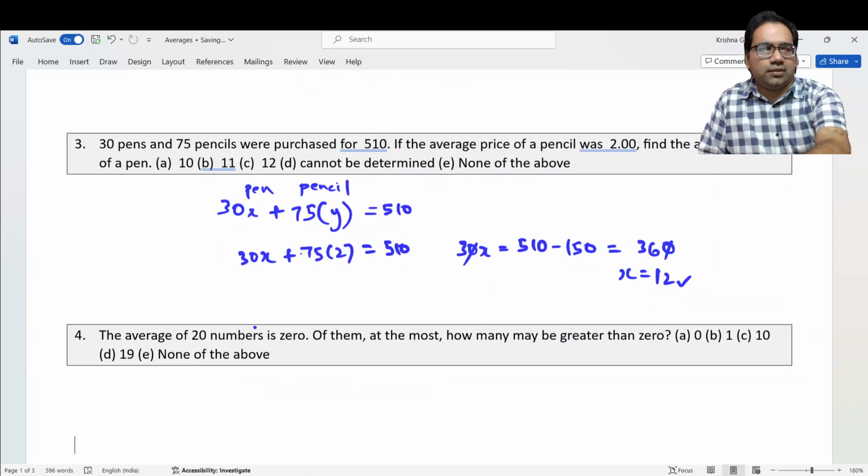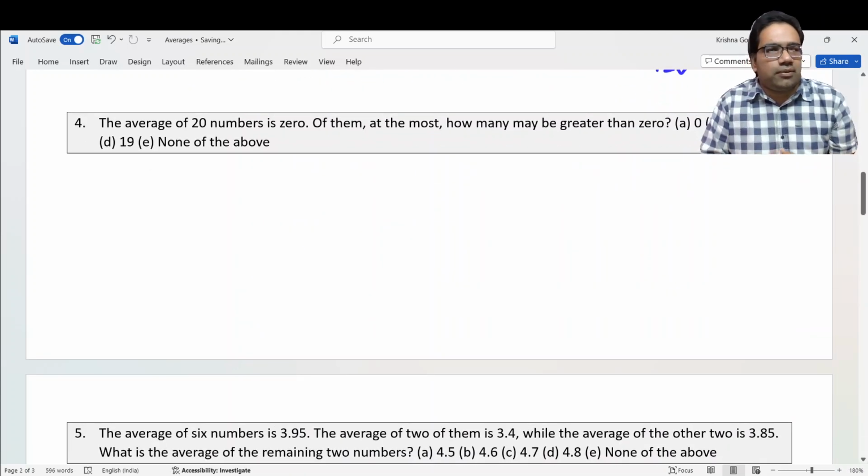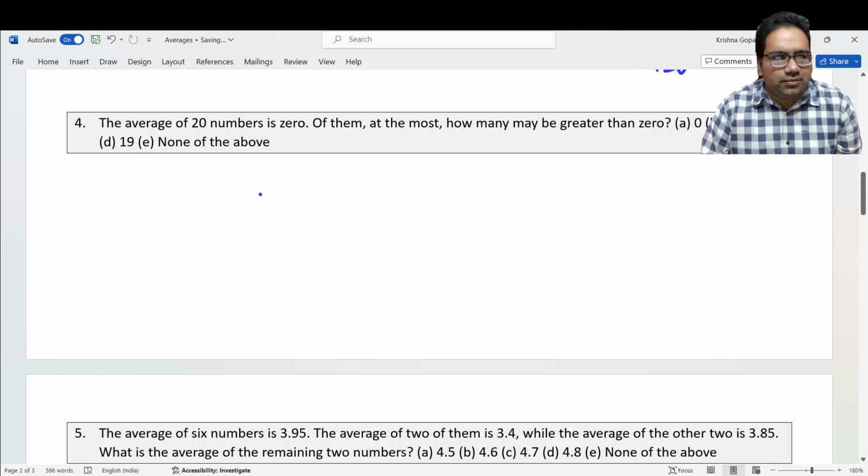Next. The average of 20 numbers is 0. Of them, at most, how many may be greater than 0?